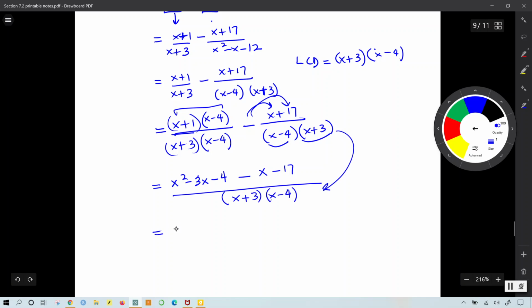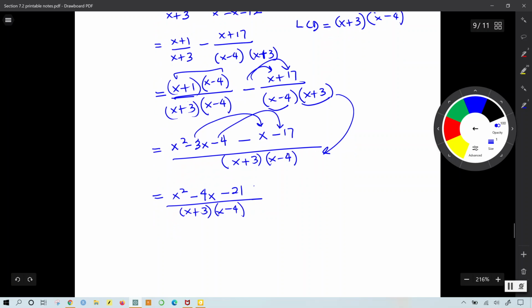So in which case we have x squared, minus 3 minus 1 is negative 4x. Negative 4 minus 17 is negative 21, all over x plus 3 and then x minus 4.